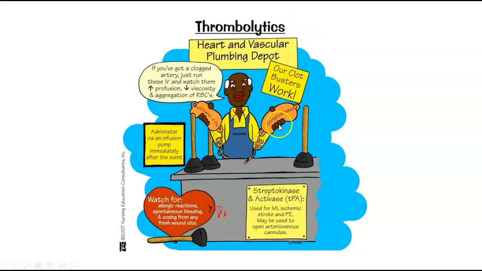Since I didn't add it when we talked about MI, I mentioned the clot busters, but I thought this was a good visual, so I wanted to add it here. Now, clot busters are never going to be used if we are worried about an aneurysm or an aortic dissection, anything that we think might lead to bleeding.